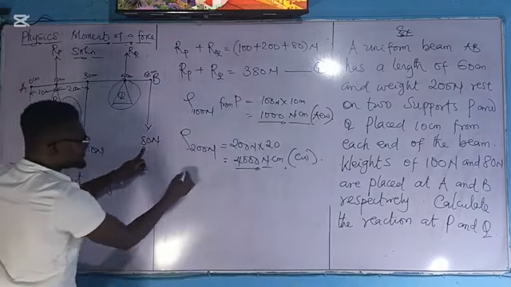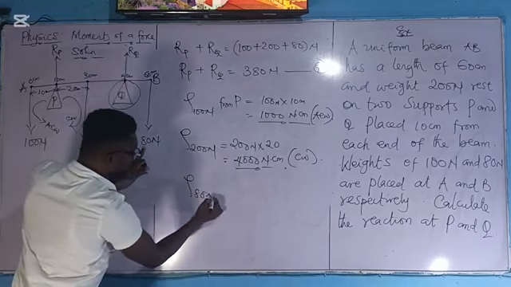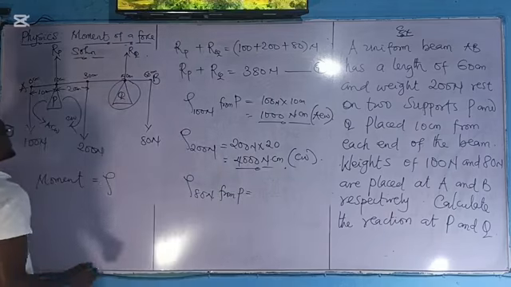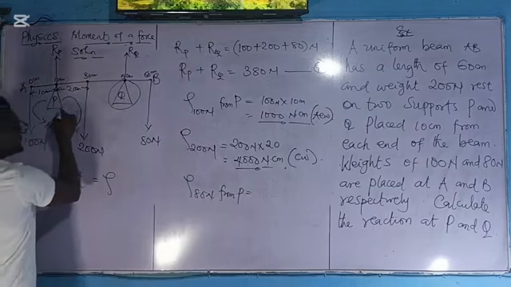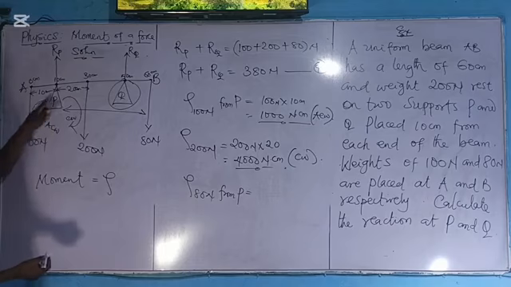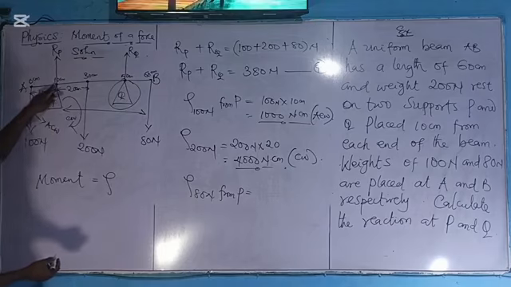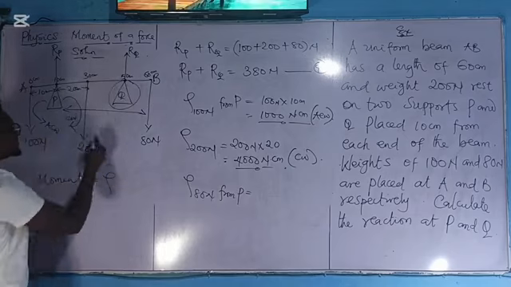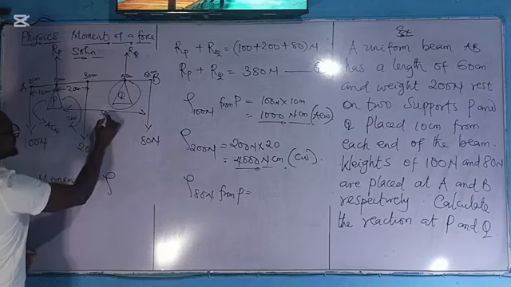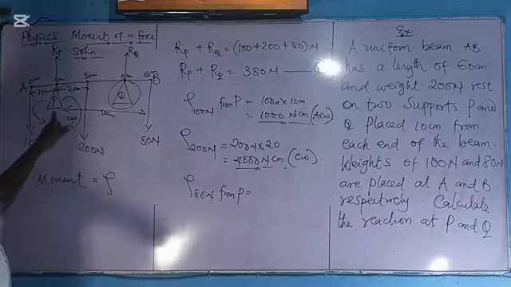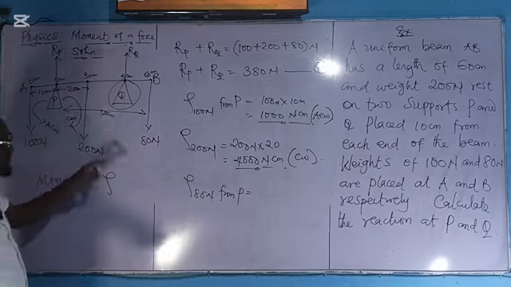Then we also find the moment of 80 Newton from P, okay? Now from P, get the distance of it from P. So at the point P, we have 10. At the point of B, we have 60. The difference between 10 and 60 will give what? 50 cm, right? So the moment of 80 Newton from P should now be 80 times 50.